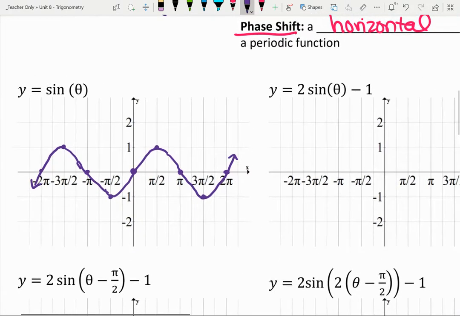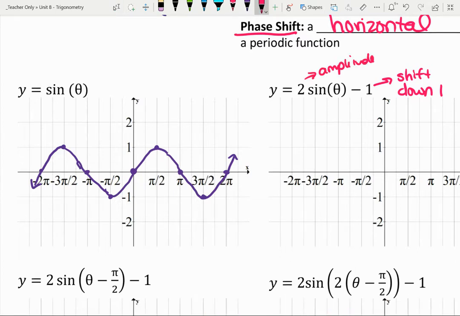So let's graph 2 sine theta minus 1. So we've got 2 transformations that occur here. This minus 1 will shift the midline down 1 unit, and then this 2 will make the amplitude 2, right?